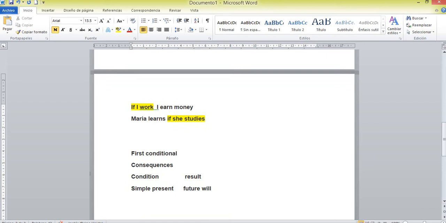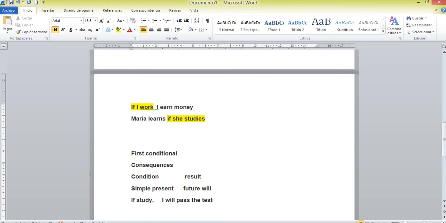So in this case, first conditional. Example, if I study, I will pass the test. So if I study, I will pass the test.